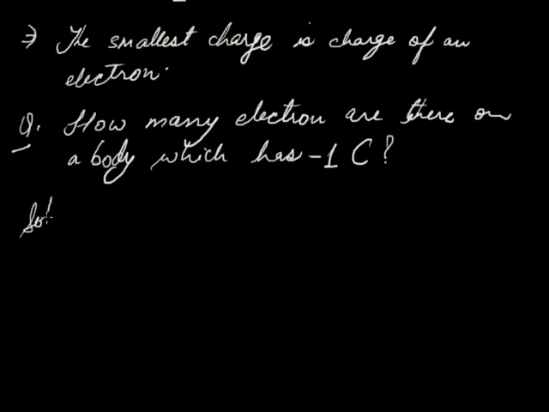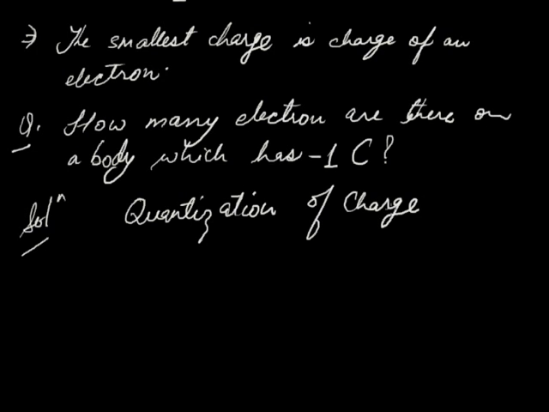We should find the solution by the quantization of charge, which tells us that any macro charge is always an integral multiple of the electron charge. As we know, the charge of an electron in magnitude is 1.6 times 10 to the power minus 19 coulomb, but it has negative polarity.